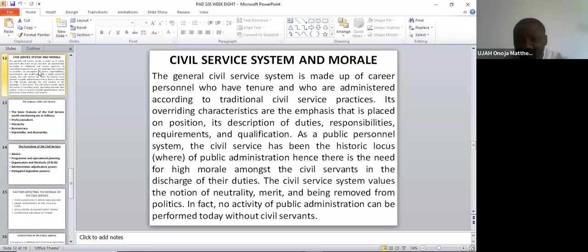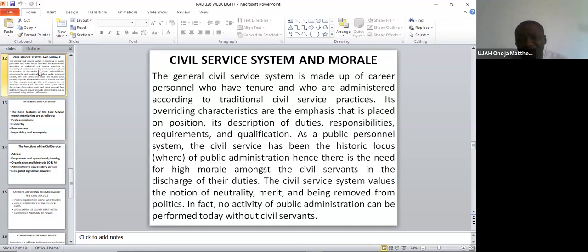The civil service system values the notion of neutrality, merit, and being removed from politics. In fact, no activity of public administration can be performed today without civil servants. So with this statement, you can already see the overwhelming influence that the civil service holds in terms of the operationalization of the policies of government.